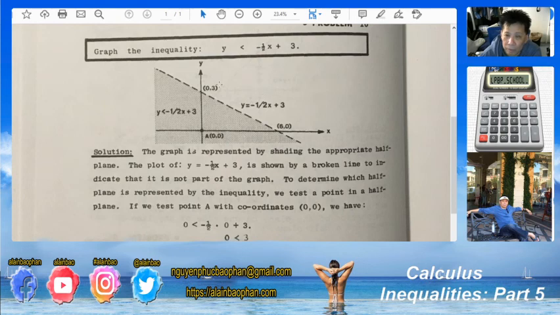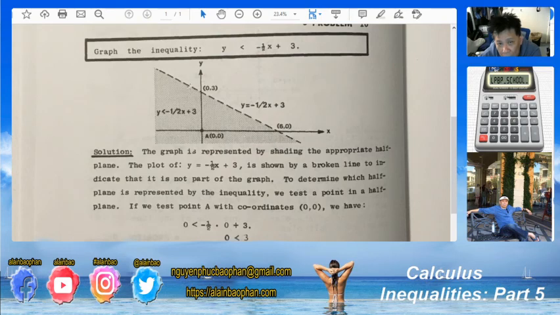So the above part, the top part here, does not satisfy this inequality. So the final answer will be this area right here, the area underneath. But it does not include the straight line, because there is no equal sign here.